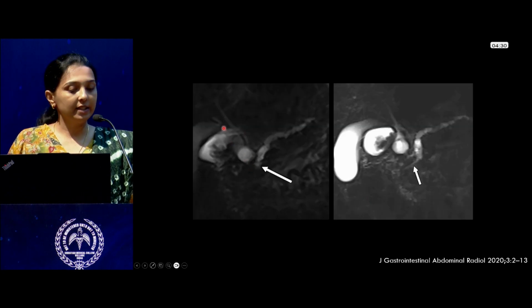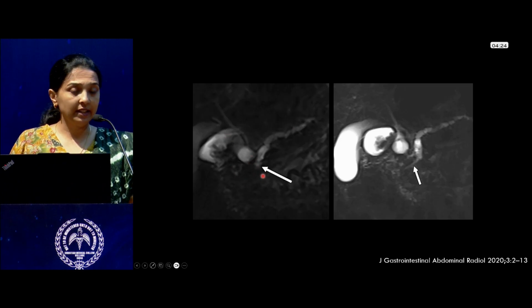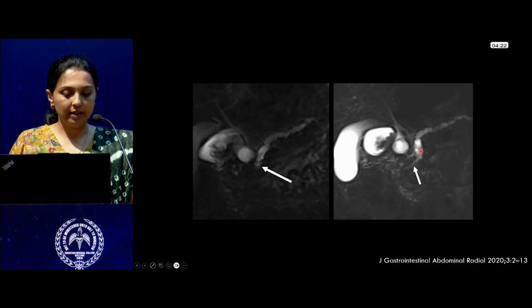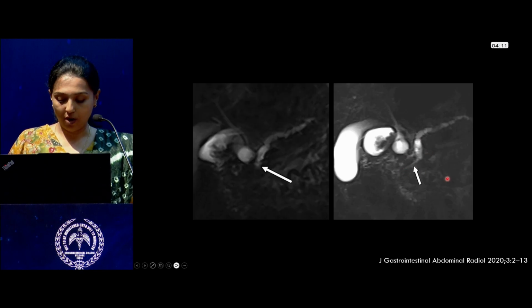So here in this MRCP, we see this typical double duct sign with cutoff, and therefore we are thinking there's a malignancy. But on secretin enhanced MRCP, we can see that the duct is actually preserved and coursing through the lesion. This is called duct penetrating sign, and this turned out to be a benign stricture related to chronic pancreatitis.